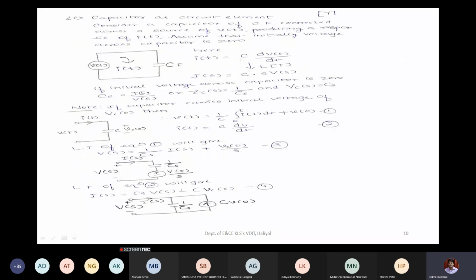So the last element is this one, the capacitor. If you take the capacitor, initially what can you assume? Some initial value, whether it can carry any current or voltage. What is the property of the capacitor? Voltage across a capacitor will not change suddenly, right?